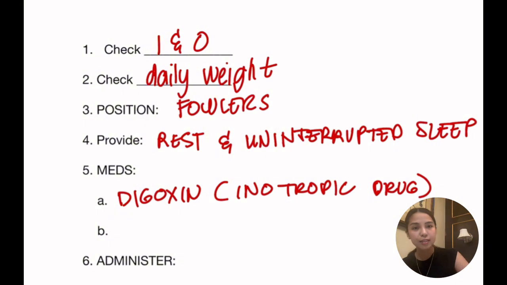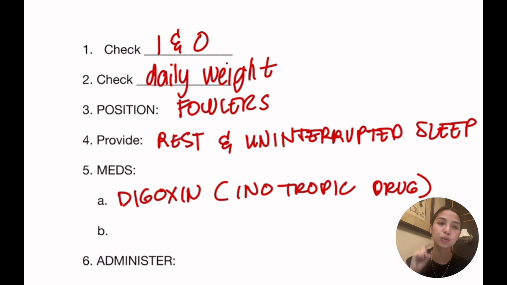So your heart can pump either with an increase in force or an increase in rate, meaning it will pump faster or pump harder. Chronotropic drugs allow it to pump faster, but inotropic drugs cause it to pump harder.